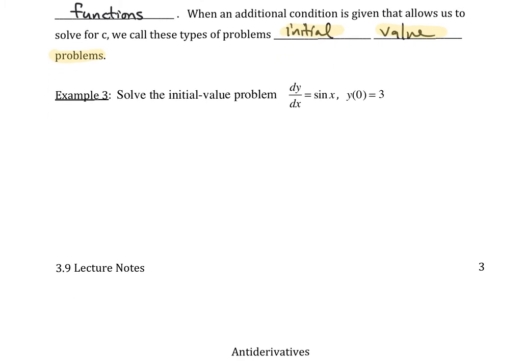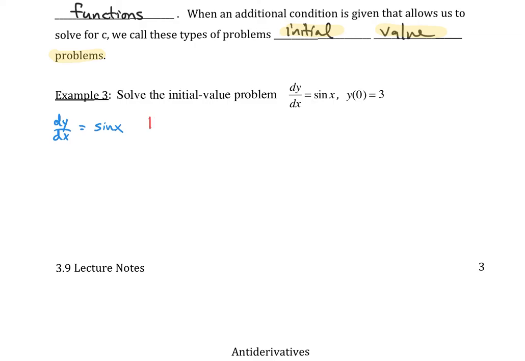Let's take a look at example 3. In example 3, they give me a differential equation. I have a derivative, dy/dx, equal to some function f of x, which is sine of x. I want to find y.